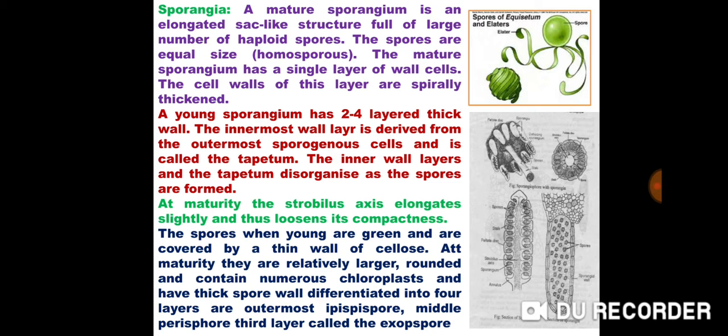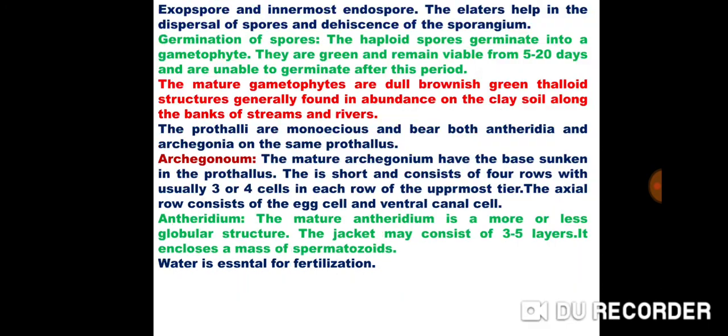At maturity, they are relatively larger, round, contain numerous chloroplasts and have a thick spore wall differentiated into four layers: outermost epispore, middle perispore, third layer called the exospore, and innermost endospore. The elaters help in the dispersal of spores and dehiscence of the sporangium.